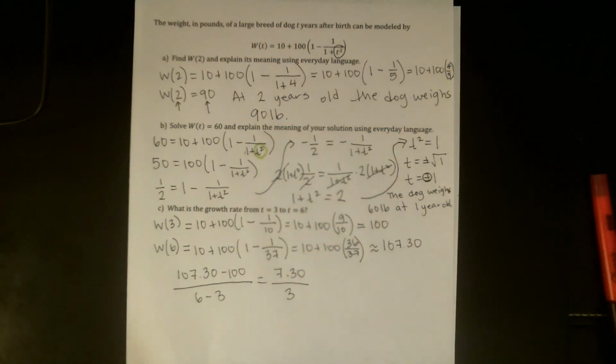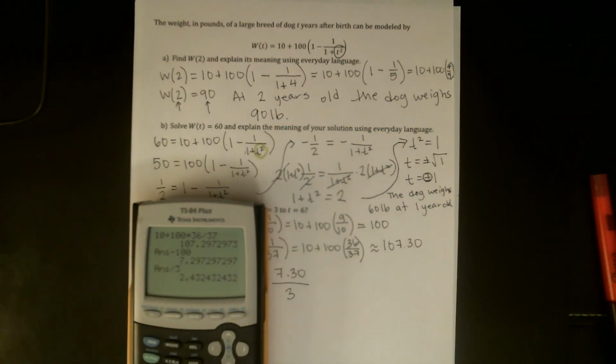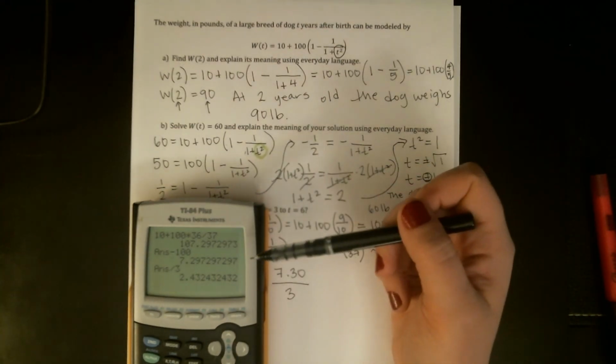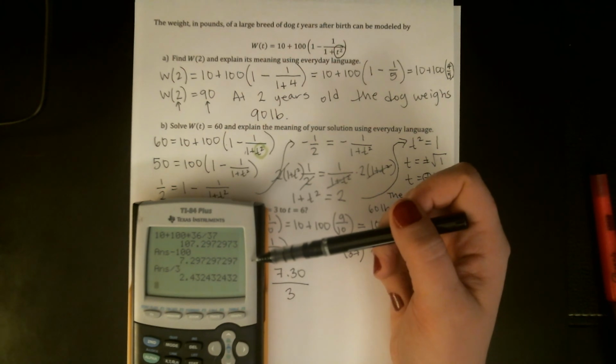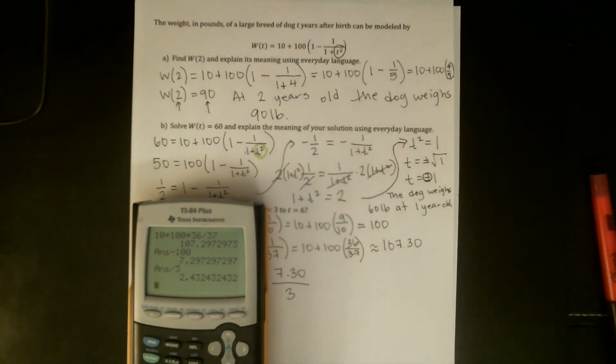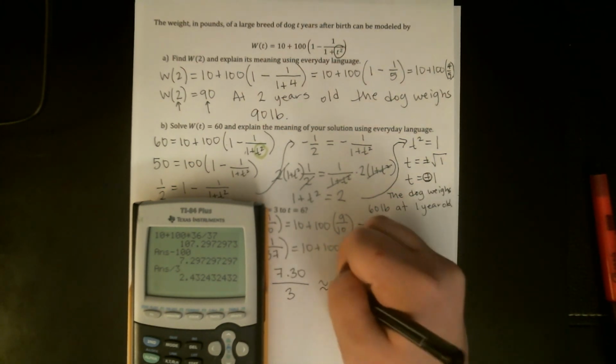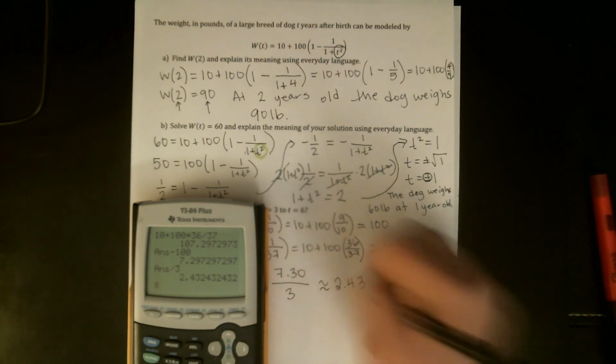In my calculator, I didn't do the rounding. I kept it as 107.297 and so on, so 7.297 and so on, and then divide, and I get approximately 2.43.